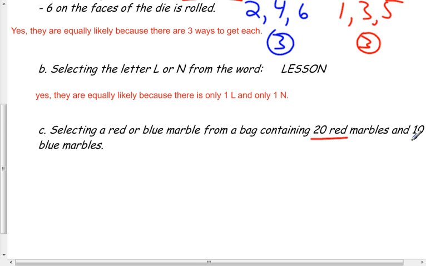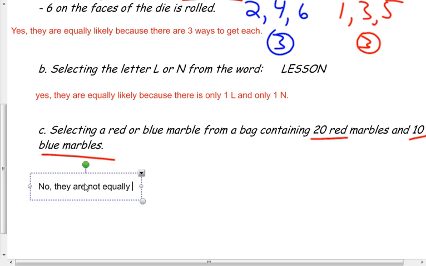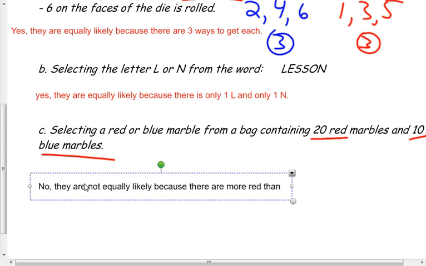We have 20 red marbles and 10 blue marbles, right? So in this case, I would say no, they are not equally likely. Why? Because there are more red than blue marbles.